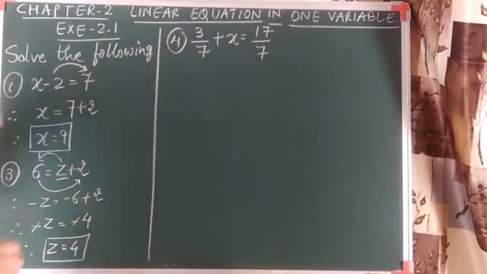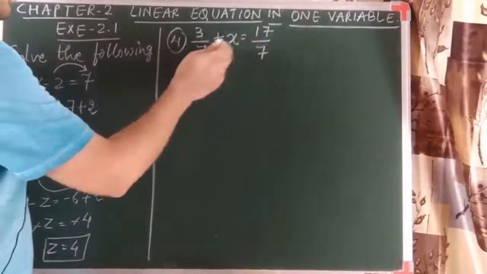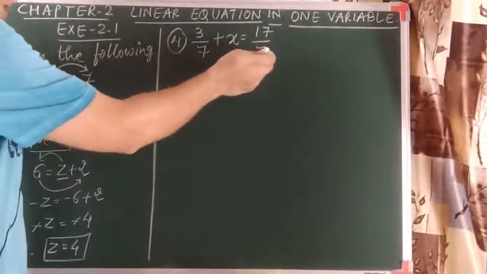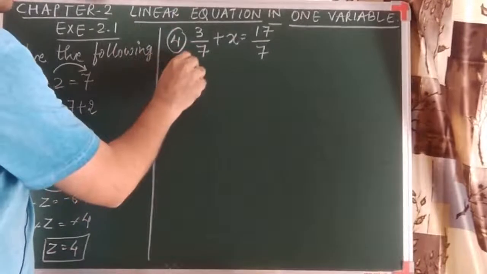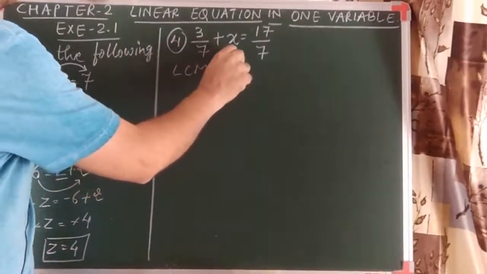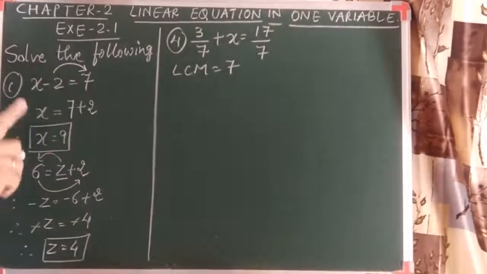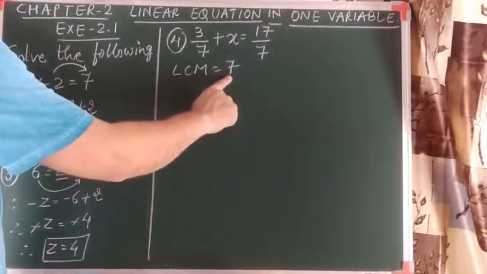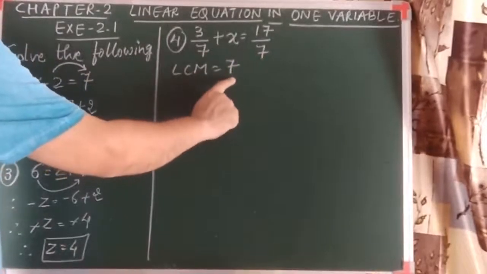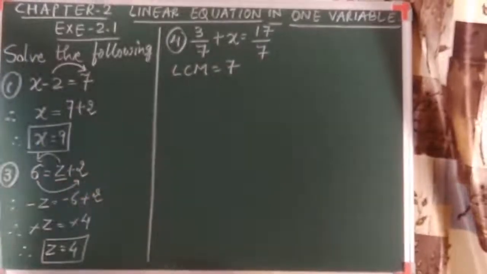How will we do it? Whenever we obtain a fraction, here the two denominators are the same, but even if they are not the same, the method is the same. What will we do? We should take the LCM. The LCM is 7. Now remember, it is very important and very easy. How did LCM 7 come? Because both are 7, so it must be 7. If they were different, we know how to take the LCM.